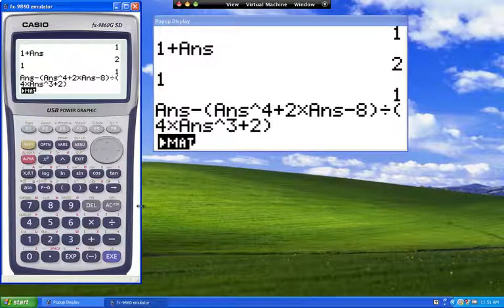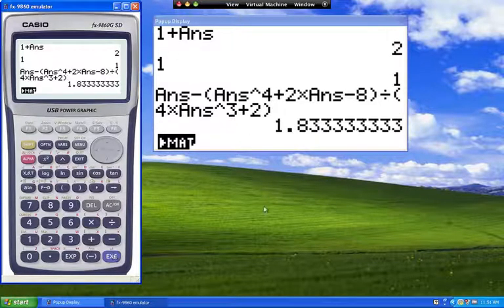Which was? We've already done this once. 1.83. If we push EXE, there it is. 1.83 recurring. So it got it right. If we push EXE again, it's going to use that in this whole thing again and give you the next one and the next one and the next one.